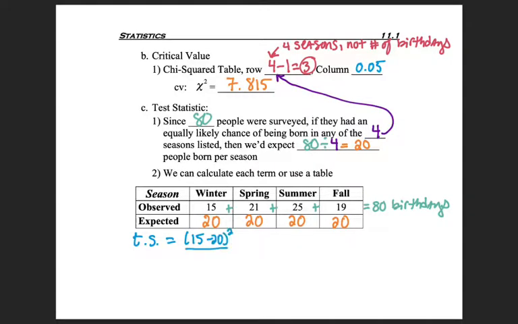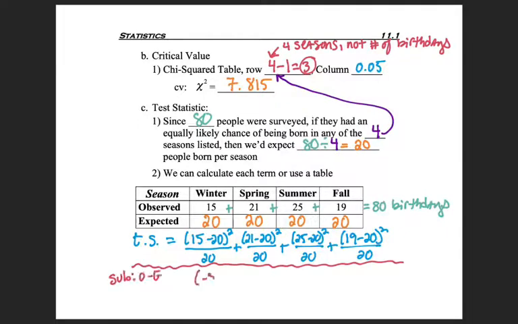I need to subtract the expected from the observed and square, and continue to do this for each of the observed and expected values. But instead of writing it out like this every time, maybe you just start with doing the subtraction, observed minus expected, to get -5, +1, etc. Now they're going to be squared. They haven't been squared yet, but I thought it might be easier to write it now.